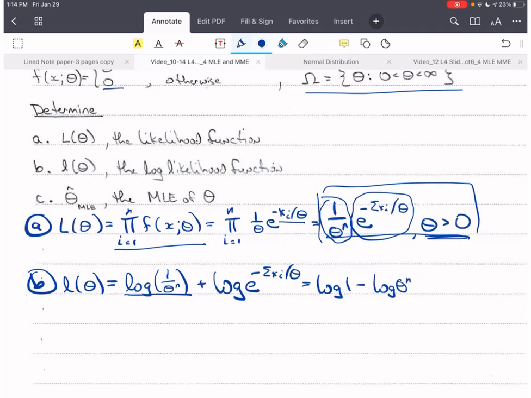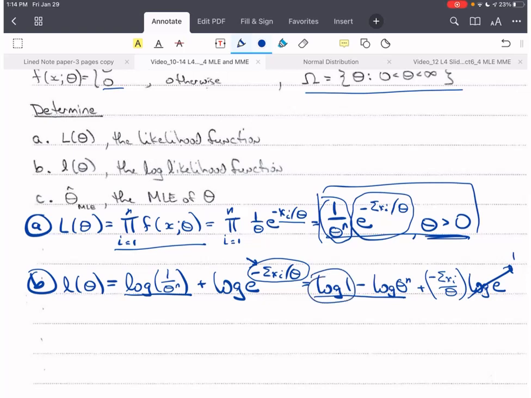That's the first term here. And then I've got plus the negative sum of xi over theta quantity log e, which becomes 1, or you can use our property that we went over and just know that this whole term is this. If you just write down this whole term is this, I'm okay with that because I gave you that property, but I showed you how you could do it a little longer way here.